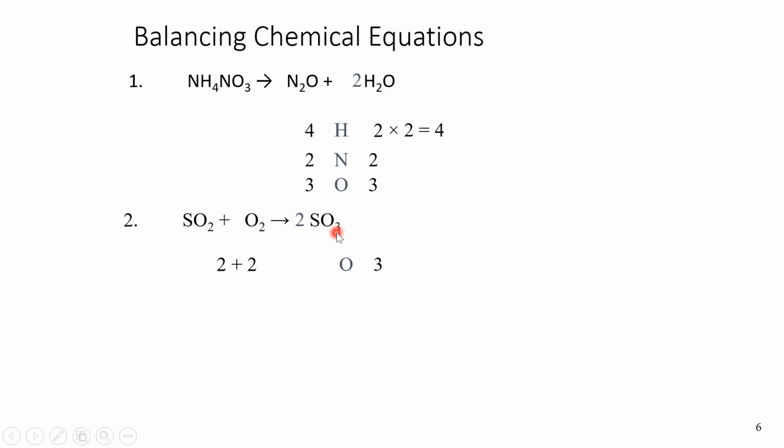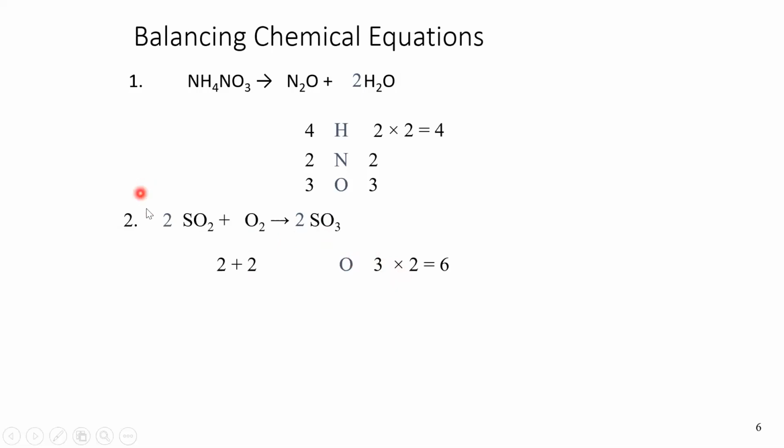Now this is what I would say to do. If you have an even number of an element on one side of the equation and you have an odd number on the other side, multiply the odd number by 2. When you multiply any odd number by 2, it becomes an even number. So at least now it's going to be a little bit easier for us to balance them because they're both even.